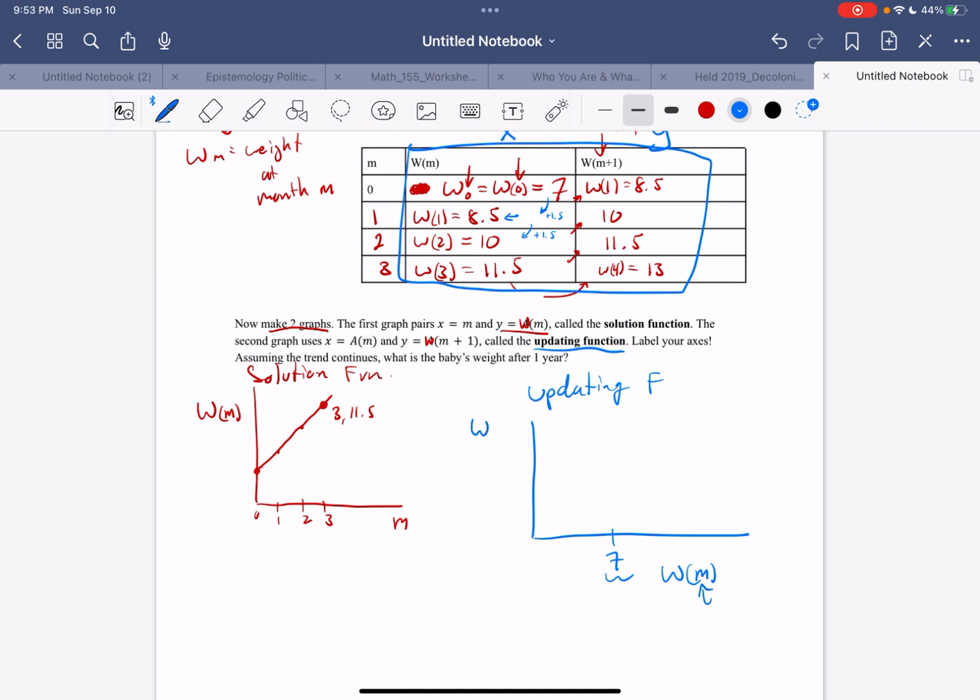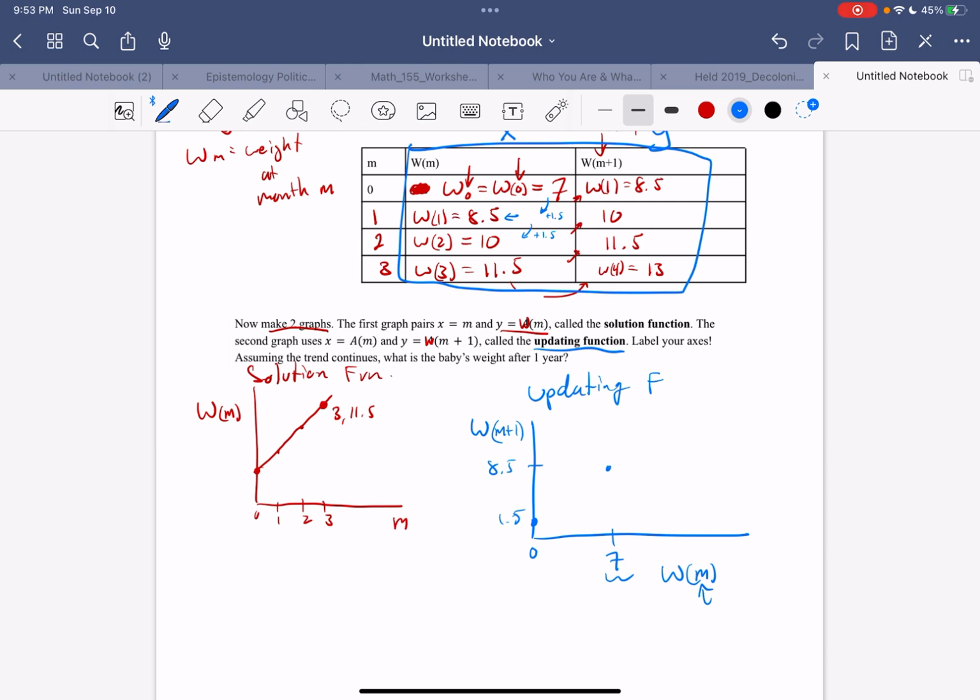The vertical axis is the weight 1 month later, the weight at month M plus 1. If the weight was 7, then 1 month later it's going to be 8.5. And so we get this thing. Now, if the weight was 0, then 1 month later it would be 1.5. Now, the weight's not 0, but whatever.